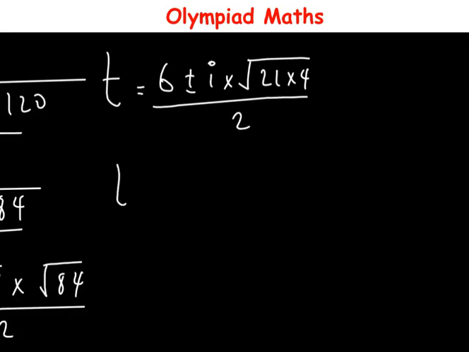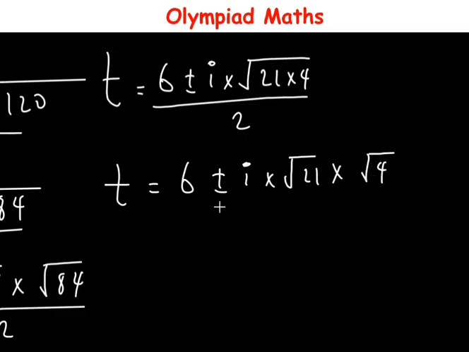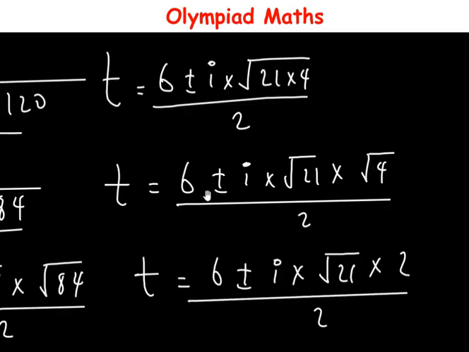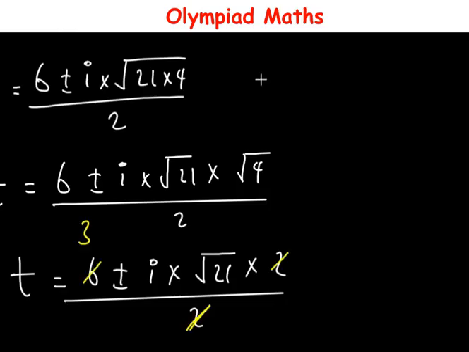Okay, so t is then equal to 6 plus or minus i times root 21 times root 4, which is 2, all over 2.